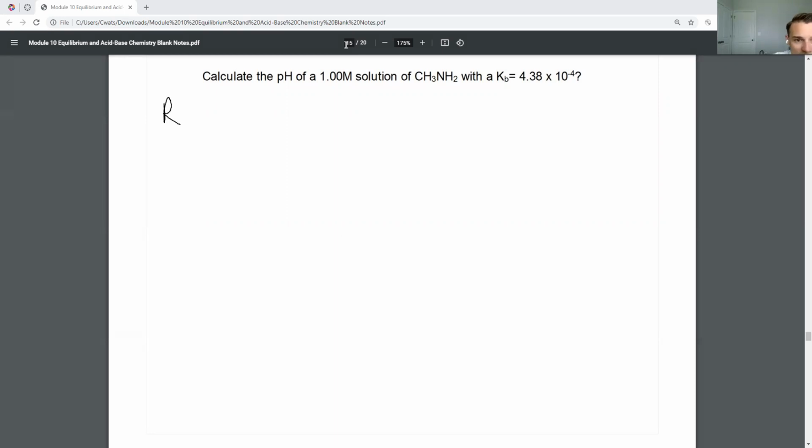Now this R is not something that I would expect you to do, because you don't know what happens with this methylamine. If you didn't know methylamine was a base, you're given the Kb. That's telling you it's a base.